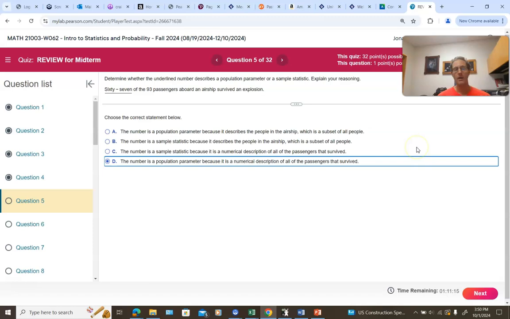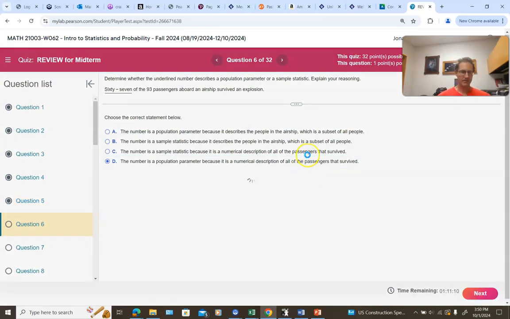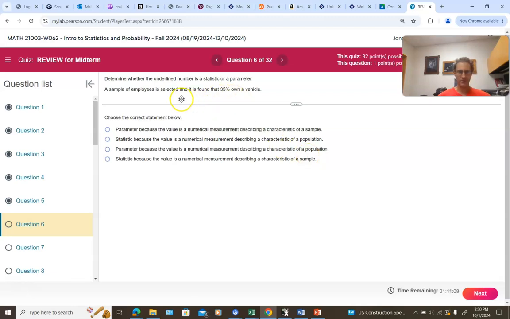Just make sure you guys read through these carefully. Number 6, same thing here. You want to determine whether the underlying number is a statistic or a parameter. A sample of employees is selected and it is found that 35% own a vehicle.